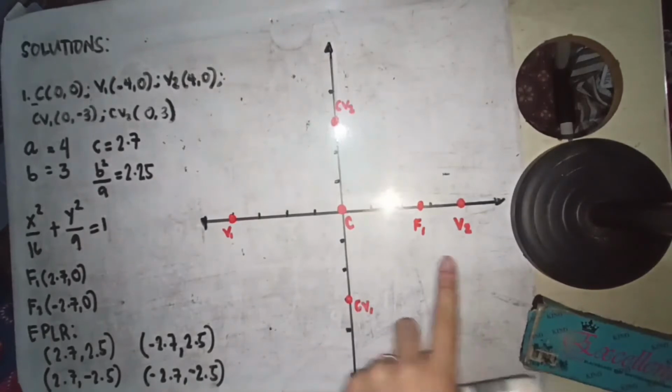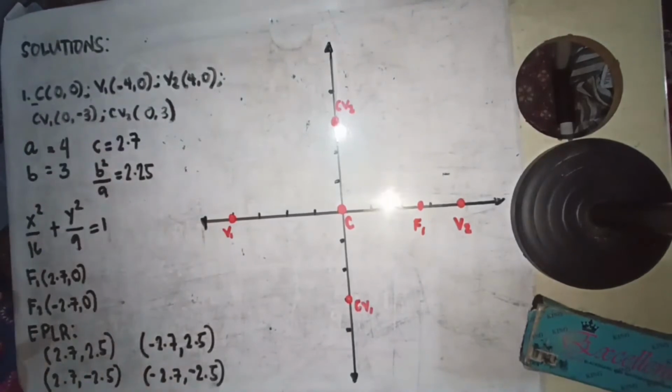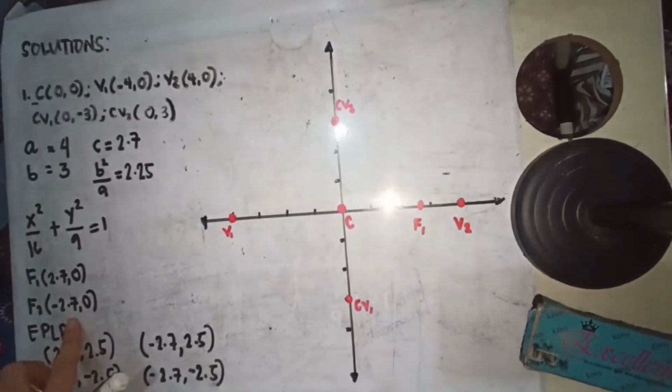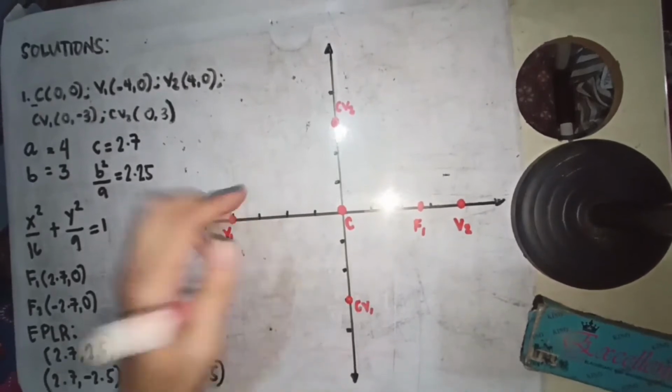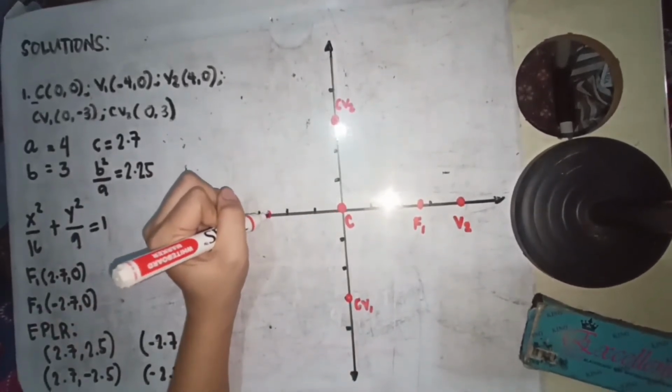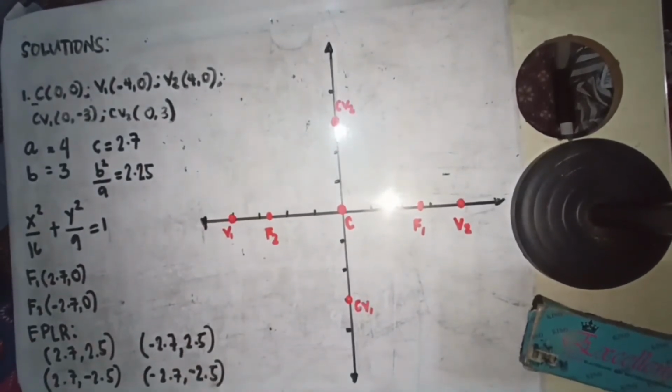By the way, class, V sub 1 and V sub 2 can be interchanged, same with F sub 1 and F sub 2, as long as the coordinates are right. So 2.7 and 0 can be F sub 2 or F sub 1. Next, we have F sub 2, that is negative 2.7 and 0, again approximately close to negative 3. This is F sub 2.